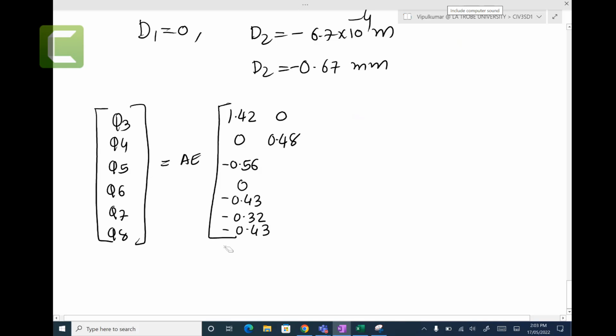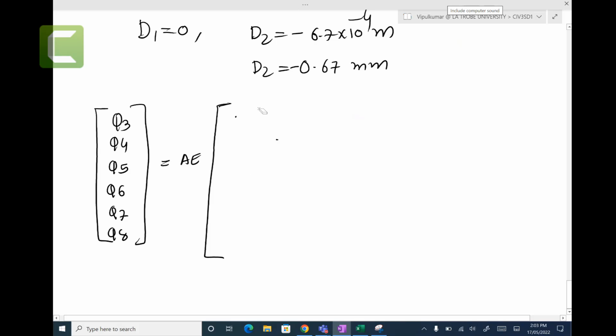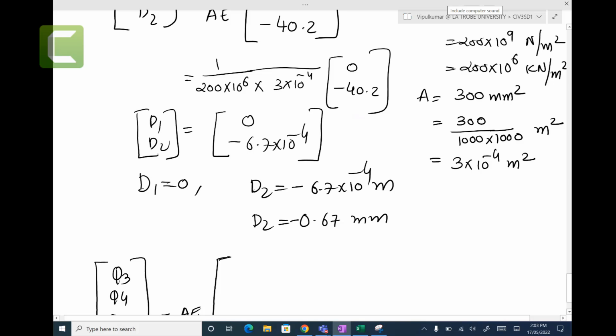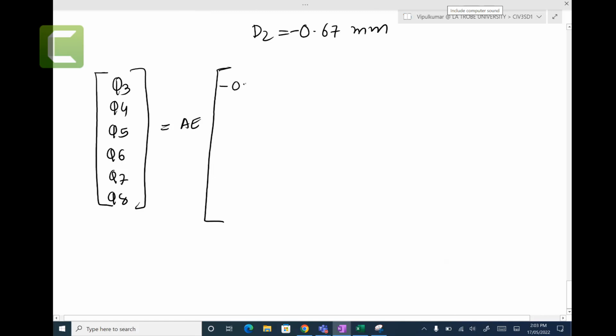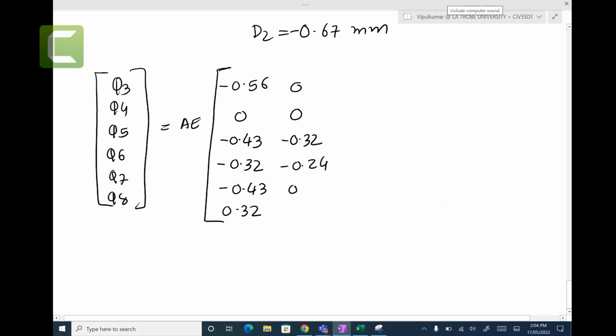We have to start from this, 0.56, 0, 0, 0, 0. Now can you say a column first? Yep, negative 0.32. Yep, negative 0.4. Yep, 0.32. Next one, negative 0.32, 0.2, negative 0.2.